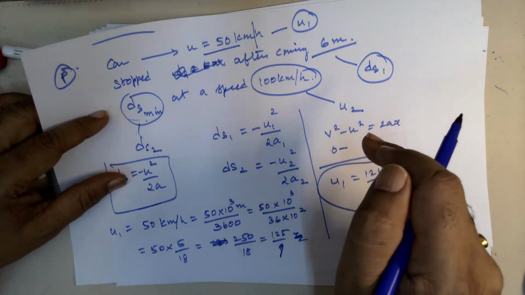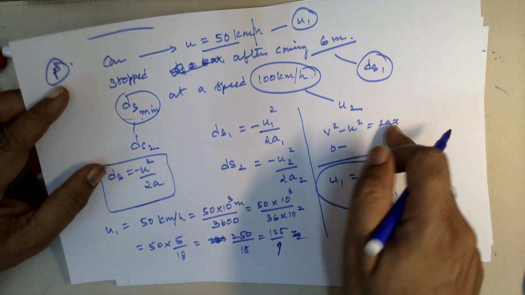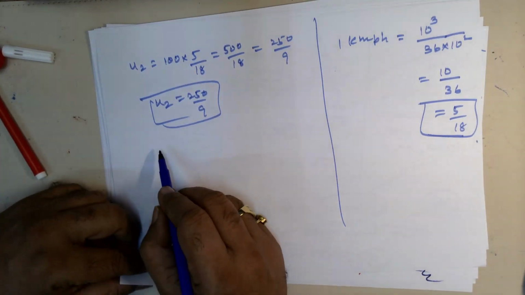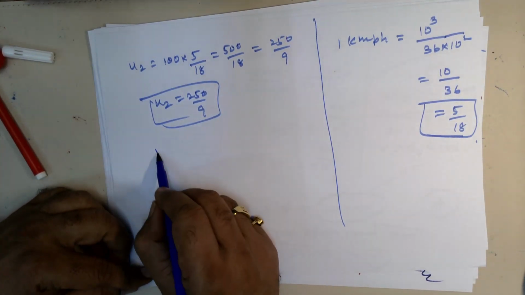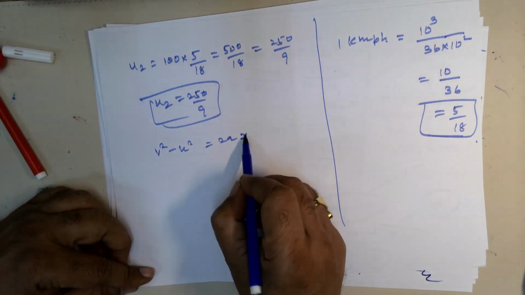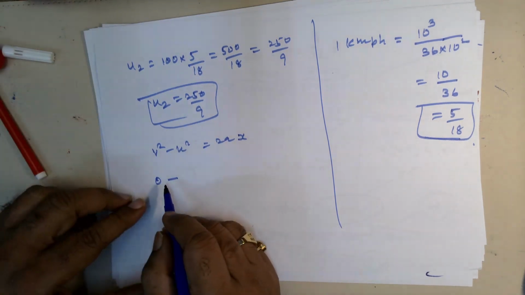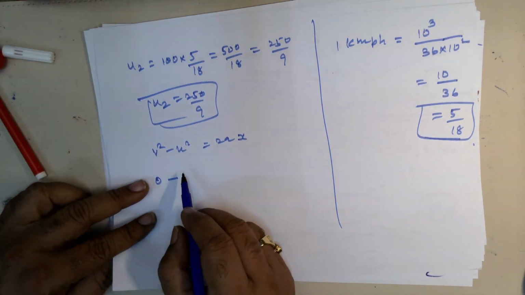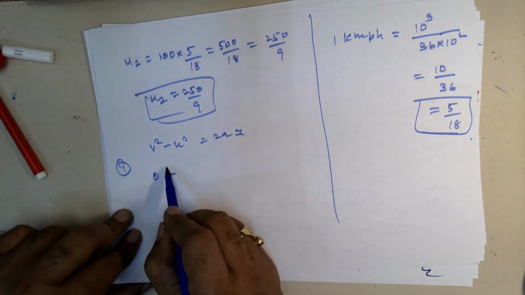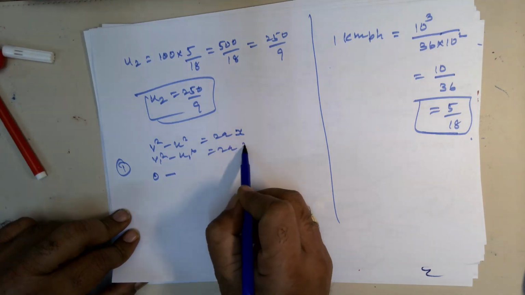Okay. Now you can substitute here and get the value of A. So now what is the formula? V squared minus U squared is equal to 2A X. So you can substitute V is equal to final velocity, that is stopped velocity, means 0 after applying the brake. And what is the U1 here? First you will take the U1, that is V1 squared minus U1 squared is 2AX.